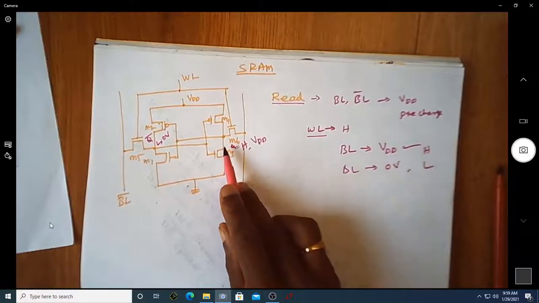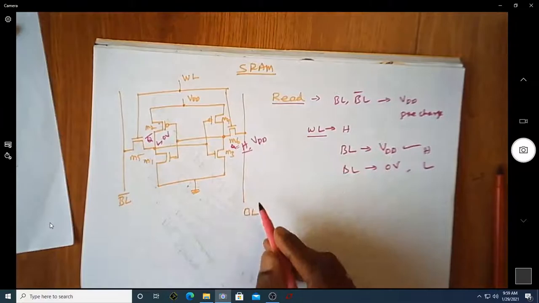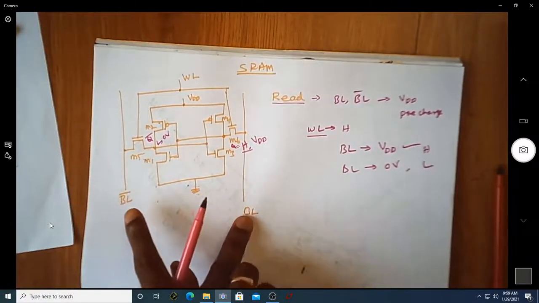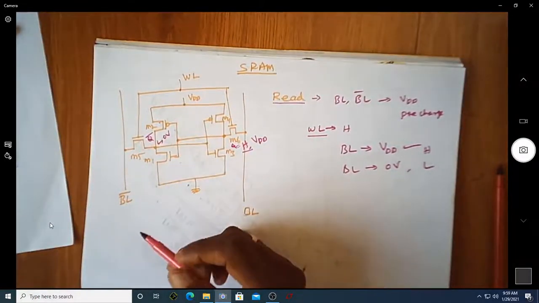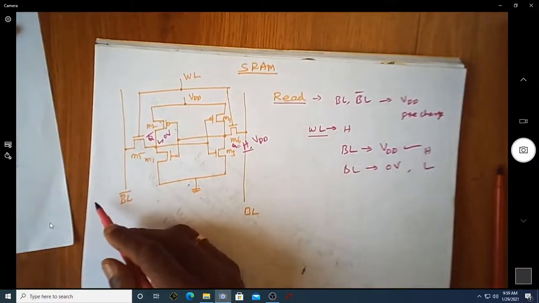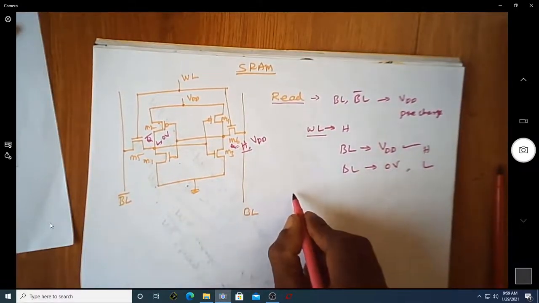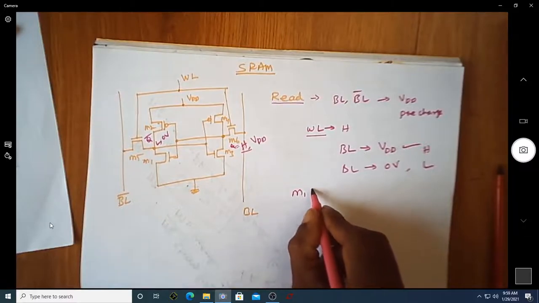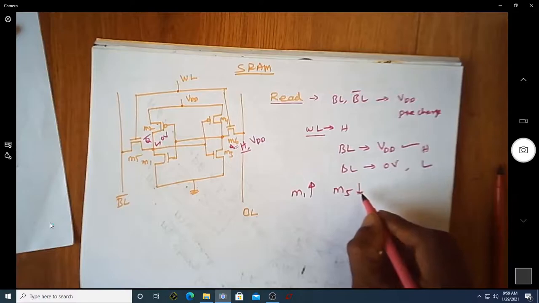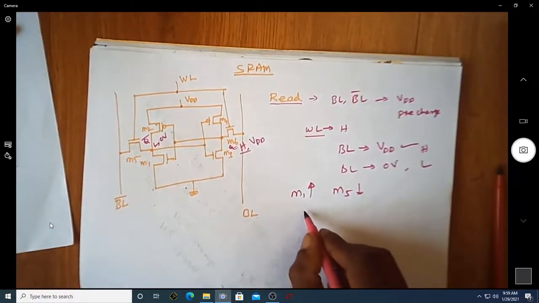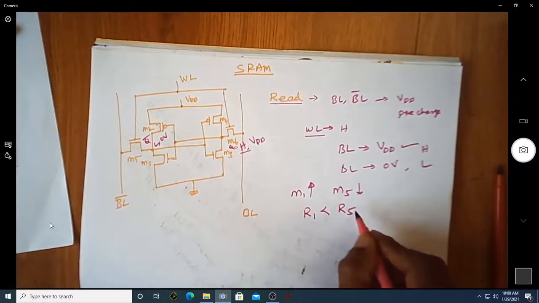Since we have assumed the bit to be stored as high, as soon as I make the bit line and bit line bar high and make the word line 1, for proper operation the dimension of M1 should be larger compared to the dimension of M5. M5 should have a lower dimension, meaning the resistance offered by R1 should be less than the resistance offered by R5.